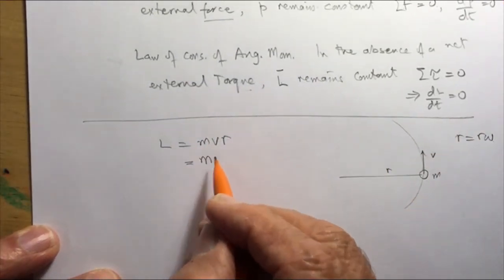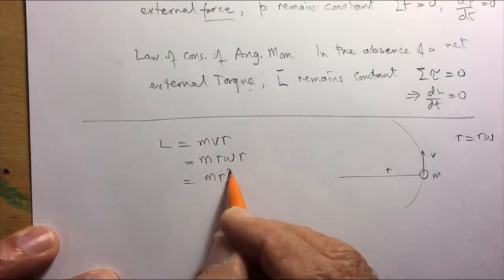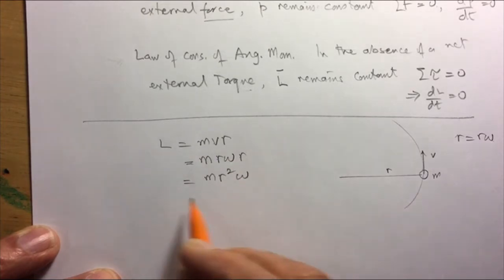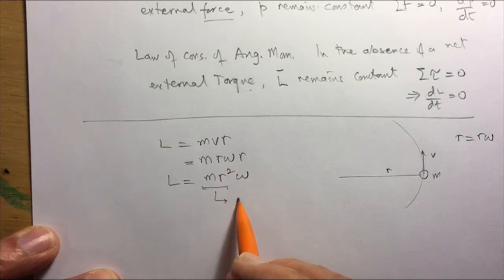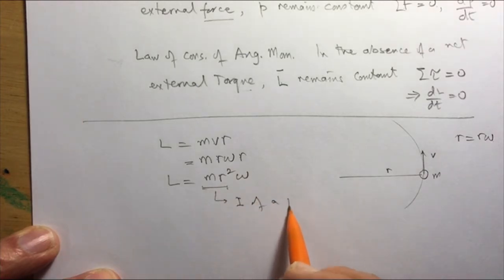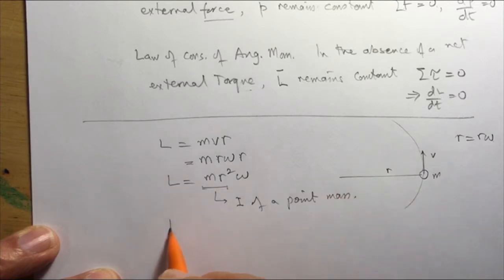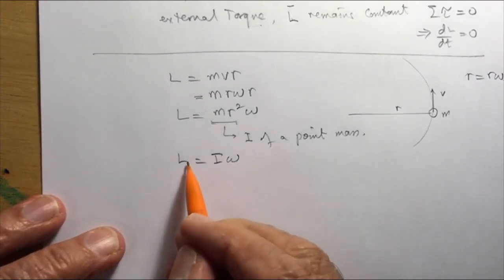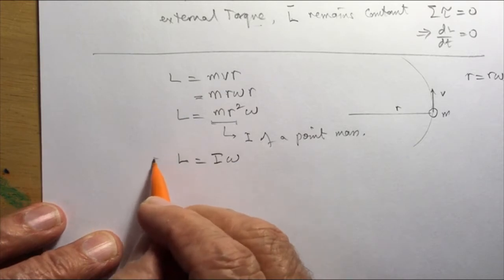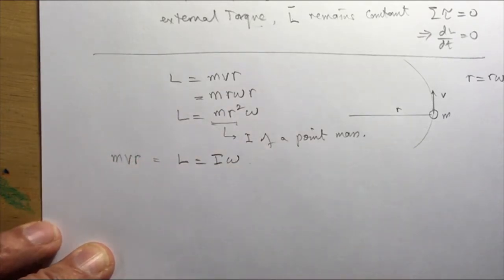So it's going to be m, v is going to be r omega, r is going to be m, the two together, r squared omega. And we know that mr squared is the moment of inertia of a point mass. So L can be written as I omega. So that's another way of writing the angular momentum. It's equal to mvr, it's equal to I omega.